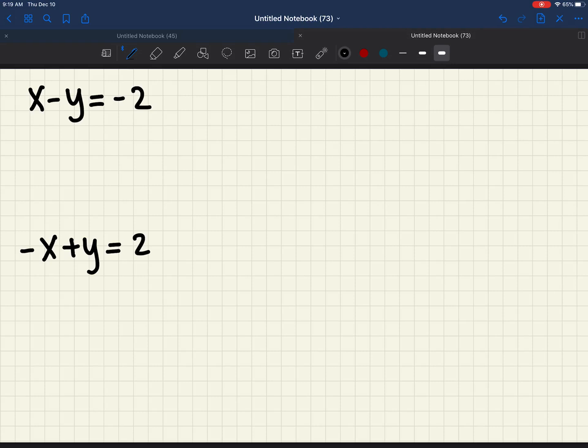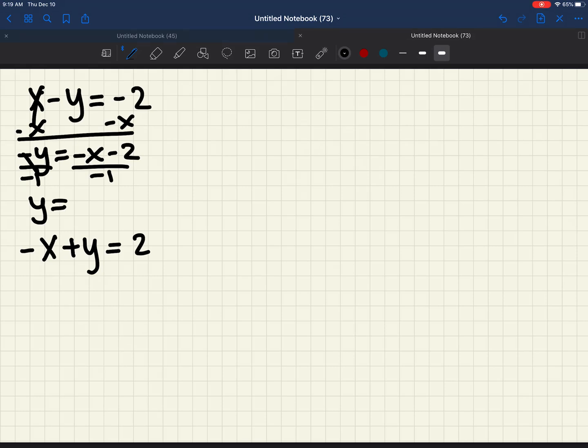What do I need to do to that top equation before I can graph it? Perfect. Do that for me. Okay, I would get negative y is equal to negative x minus 2. What would that give you? Good. And what about the next one?